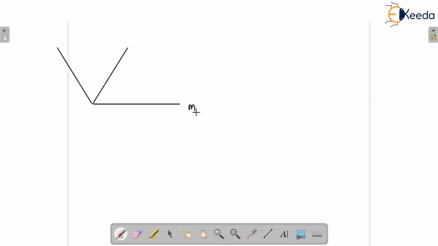So this is the mass MA, this is MB. You just have to take it as horizontal because if the angle is not given for a number of masses, position is not given, you can assume one mass position as horizontal because the angle is 0 degree.